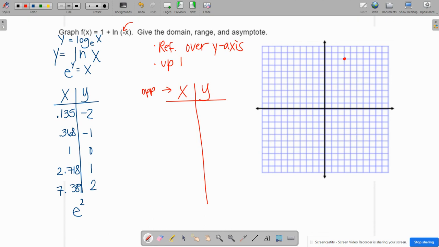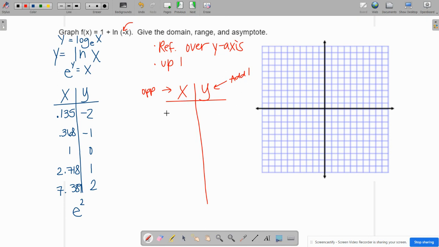Because if you had a point over here and then you reflect it over, instead of being 3 units to the right, it's 3 units to the left. So it's going to negate that x value. And then if we are moving up 1, that means that we are going to add 1 to our y.